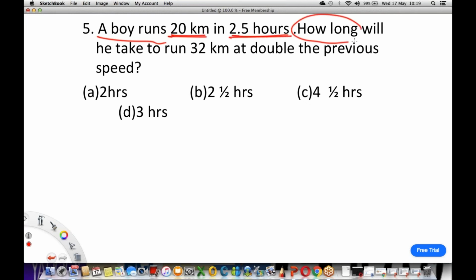How long will he take to run 32 kilometers at double the previous speed? At double the previous speed.